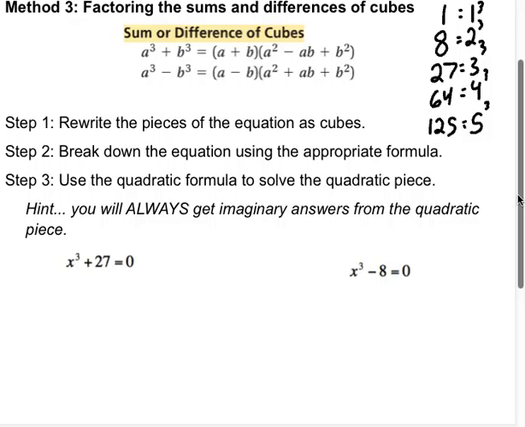So the first thing before you use the formula is I'm going to identify: here is x cubed and 27 is 3 cubed. When I'm starting my problems, I always show breaking it down into what is getting cubed.